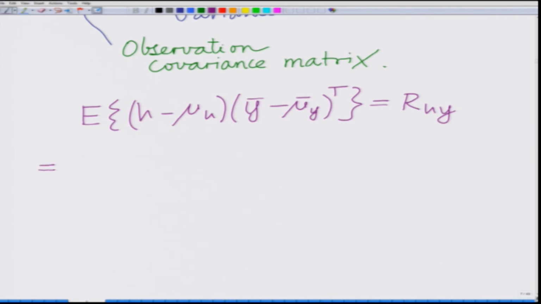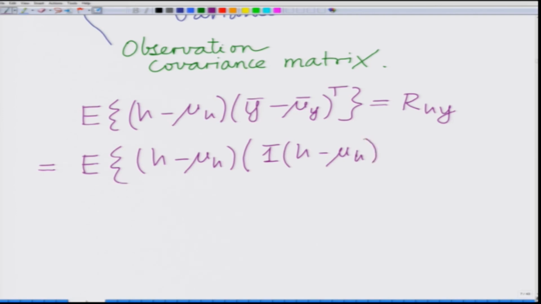Now, we have h minus mu h, and remember, y bar minus mu bar y is 1 bar into (h minus mu h) plus v bar.